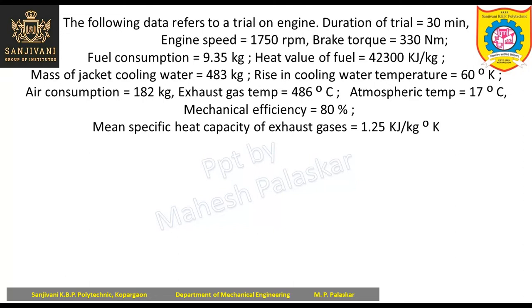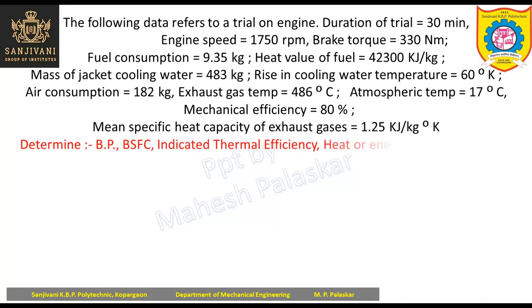The mean specific heat capacity of the exhaust gases is 1.25 kilojoule per kg per degree Kelvin. We have to determine the brake power BP, BSFC means brake specific fuel consumption, indicated thermal efficiency, and finally you have to prepare the heat or energy balance in kilojoule per minute. So let us sort out the given data.